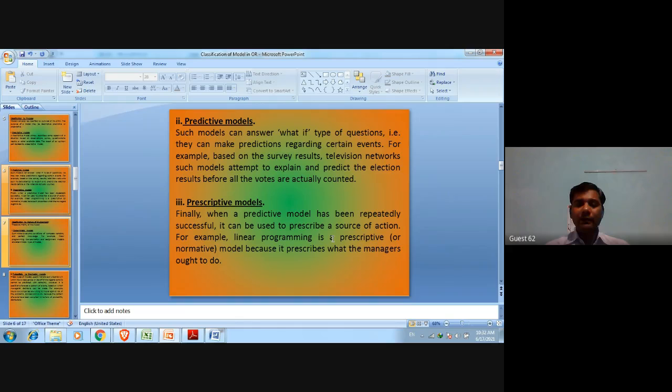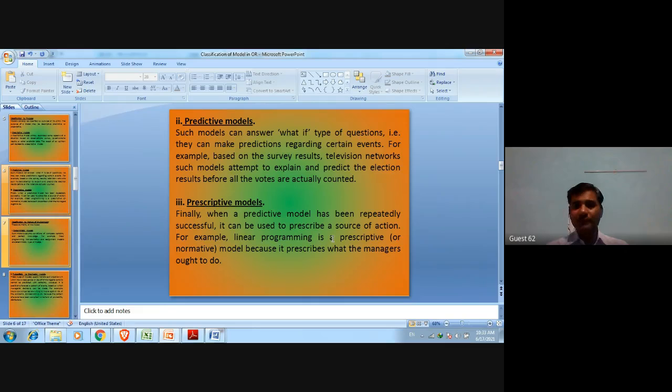After that you have got the same result in the second district, and also in the third district, and similarly so on. So you can say that your predictive model has been successful. After getting the response from all 7 districts, you can use a prescribed course of action, or you can say that this party will win in the upcoming election.